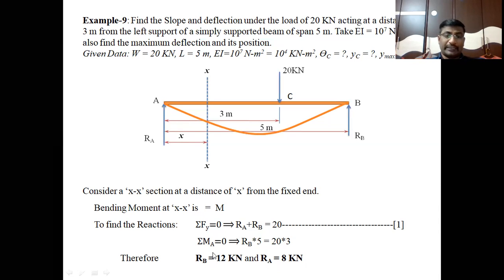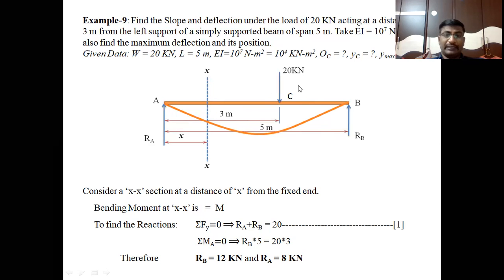So after getting the reaction forces, we can write the bending moment at XX. How to write the bending moment at XX? Bending moment at XX means the algebraic summation of all the moments on the right side of the section. What are the right side forces?